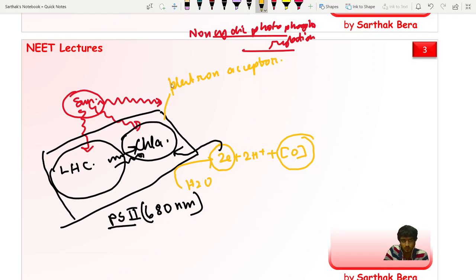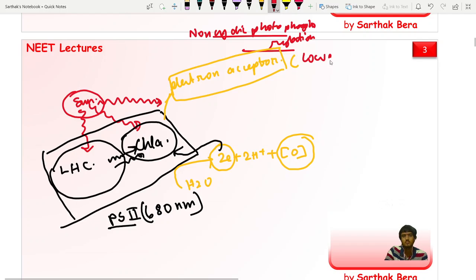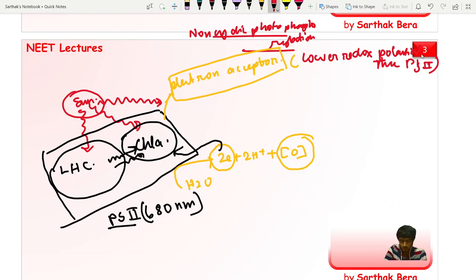This electron acceptor has much lower redox potential than photosystem 2.